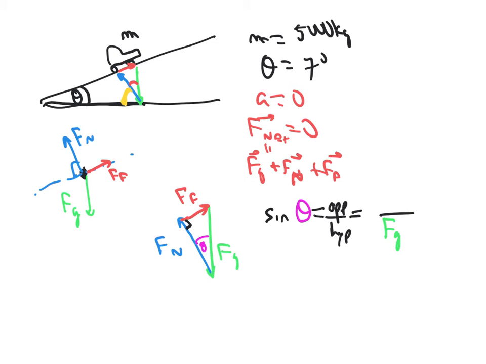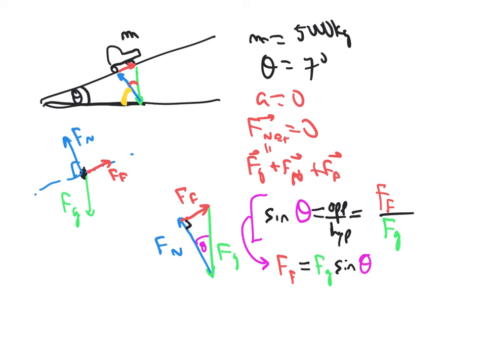And the opposite side here is FF, which is good because FF is what I'm looking for. I can take this entire thing and solve it and say that FF is FG times the sine of the angle.